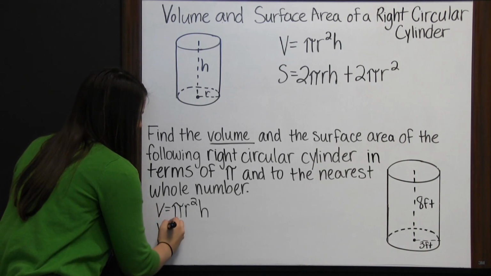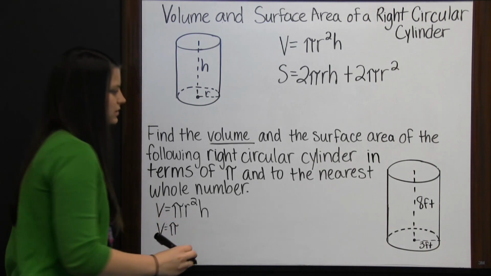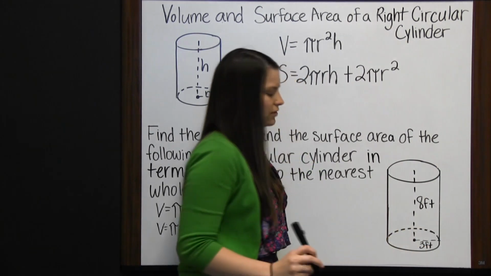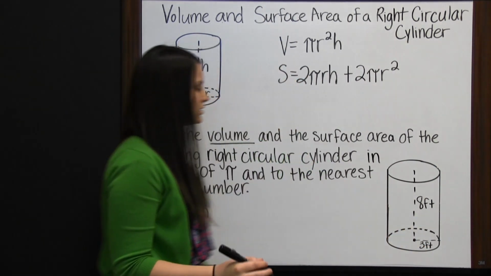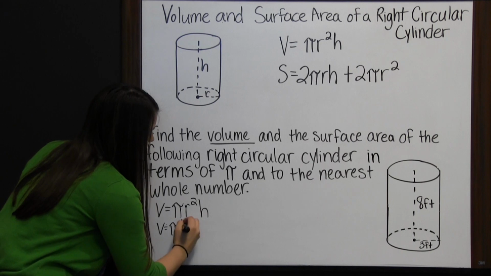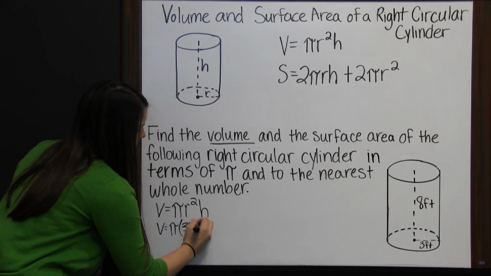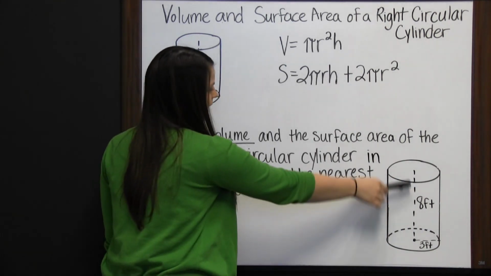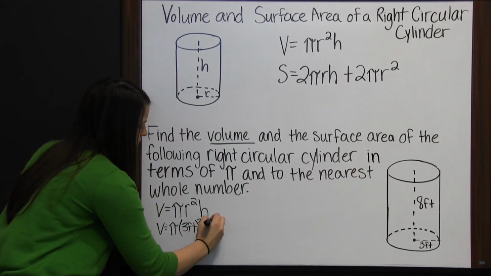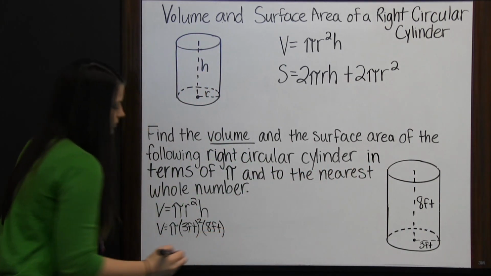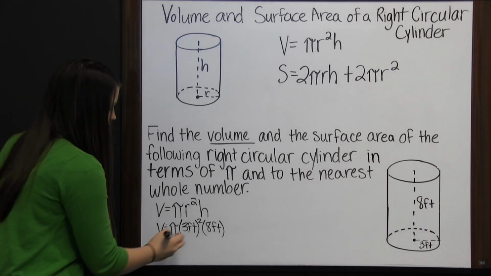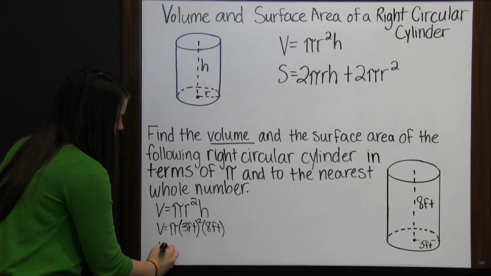So volume is pi times the radius, which is the distance from the center to the outside of your circular base, so 3 feet, squared, times the height of the cylinder, 8 feet. We need to simplify using order of operations, so we're going to square our 3 feet first.